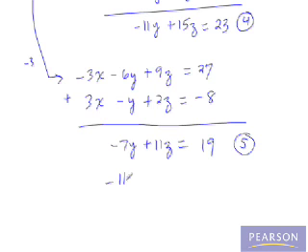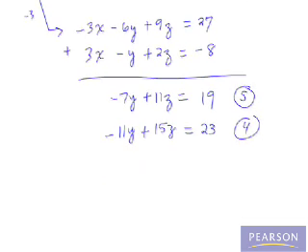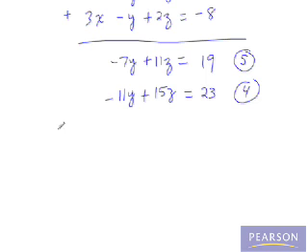That's a negative 11y plus 15z equals 23. And now using elimination, we'll go ahead and solve this system of equations. I'm going to multiply equation number 5 by a negative 11.